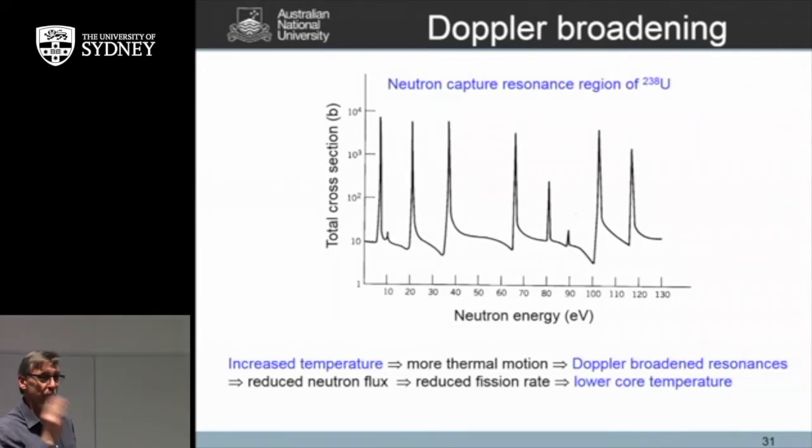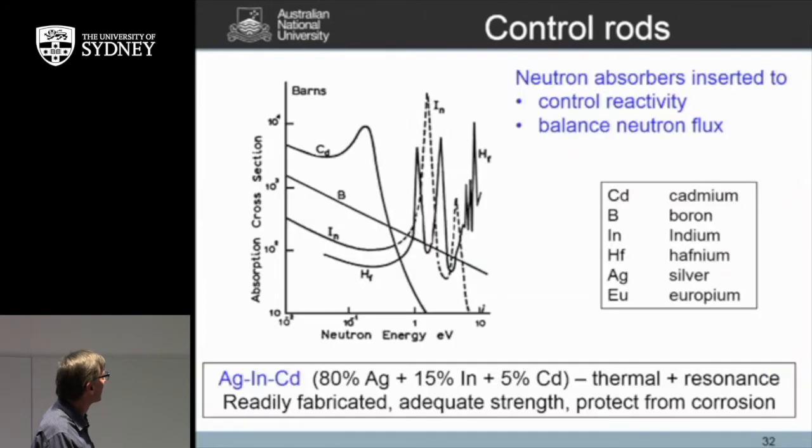So the fuel gets hot, the atoms jiggle around more, and the effect is that these resonances get broadened, and it increases the likelihood of the neutrons getting captured. So as the temperature goes up, the Doppler broadening eats more neutrons, which slows down the reaction rate, which helps keep and restore equilibrium. So there are three things that help control the reactor.